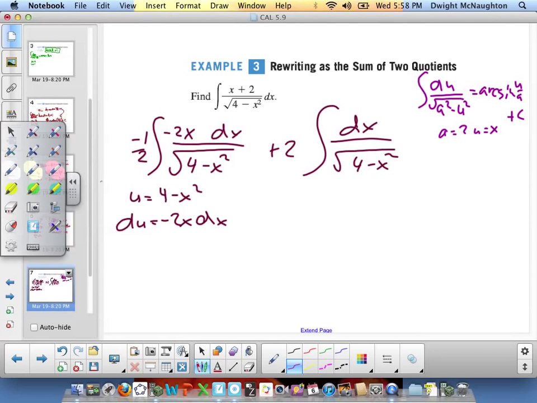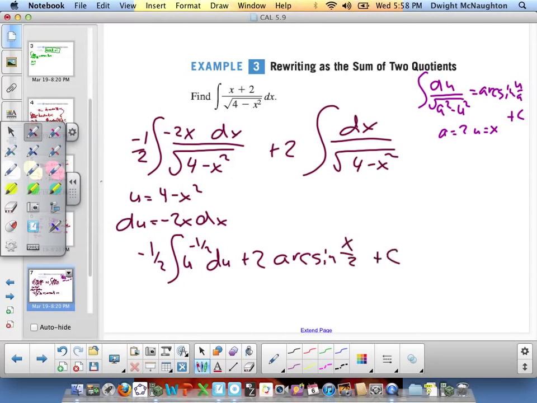All right, so let's do those substitutions. Here we're going to end up with -1/2 times the square root of u on the bottom, so u to the -1/2 du, plus 2, we can go straight to the arcsine there, 2 arcsine of u, which is x over a, which is 2, plus a constant.